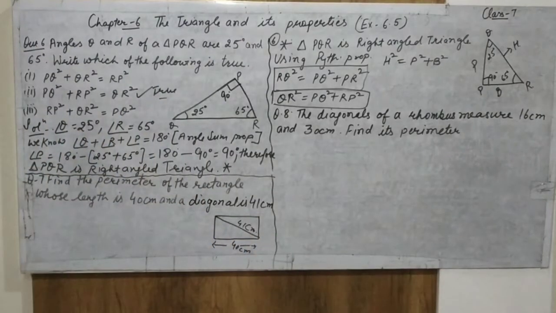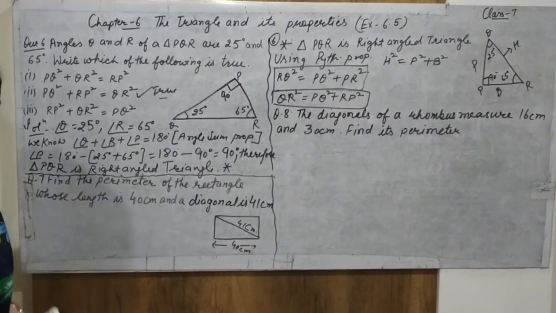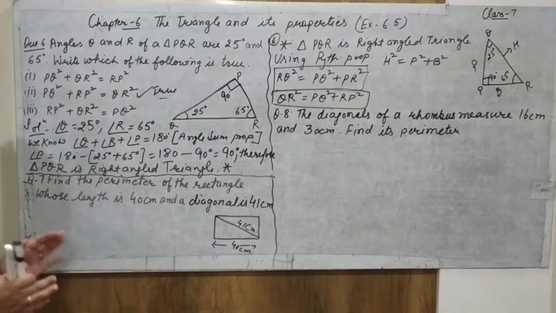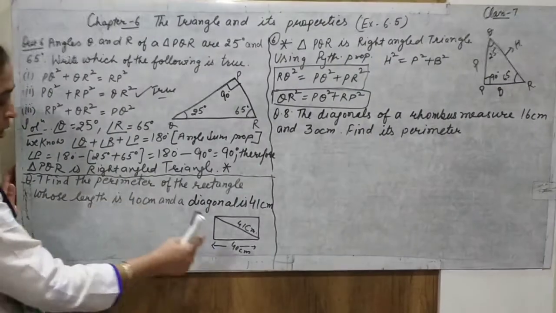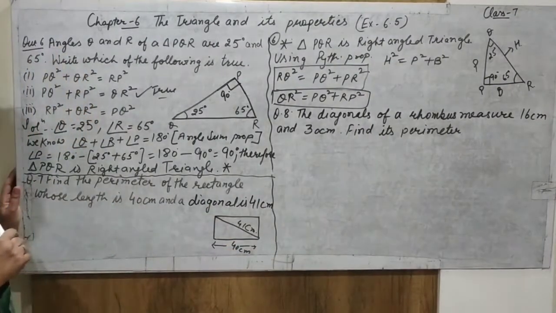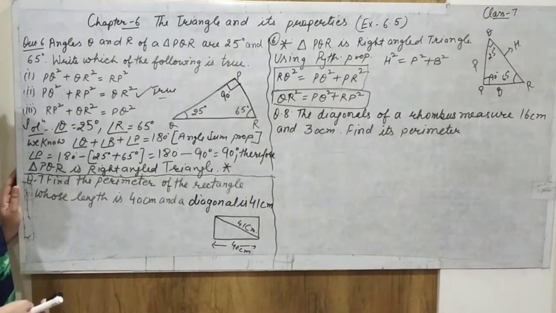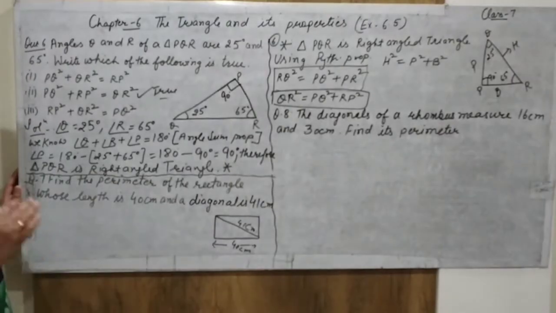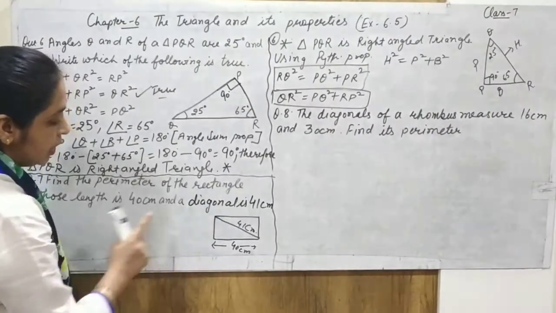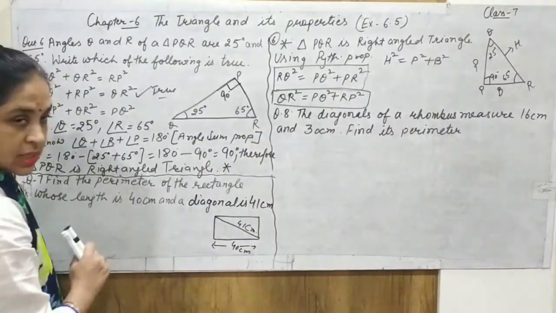Understand? Now we find out the perimeter of the rectangle. What is the formula for the perimeter of the rectangle? The basic formula is that the perimeter is actually the sum of all the sides, or we can say 2 into L plus B. That is also the formula for the perimeter. Now, to find the value of the perimeter, the length is given.